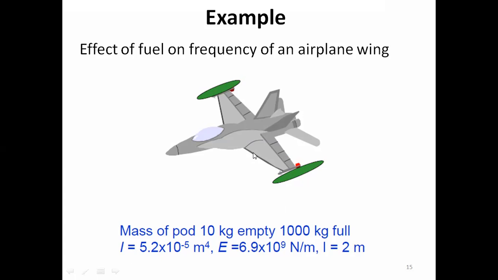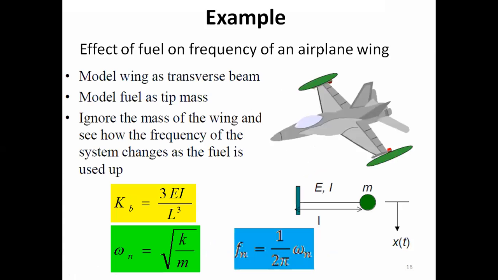Young's modulus of the material of this wing, which in most cases is structural steel or aluminum alloy, E is 6.9 into 10 raised to the power 9 Newton per meter square. And the length of the wing is, let's say, 2 meters. So that information is available, and using it we have to compute the natural frequency of the wing and the effect of the fuel on the natural frequency of the wing.